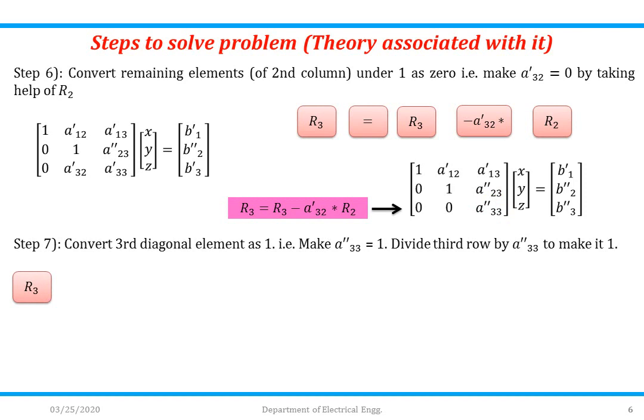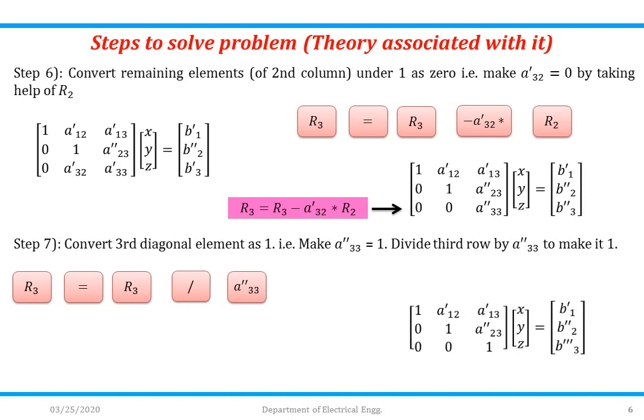So what is the formula for that? R3 equal to R3 divided by A double dash 33. So you will get a matrix like this. This element becomes 1. Instead of writing B double dash 3 here, I have written B triple dash 3 for simplicity.